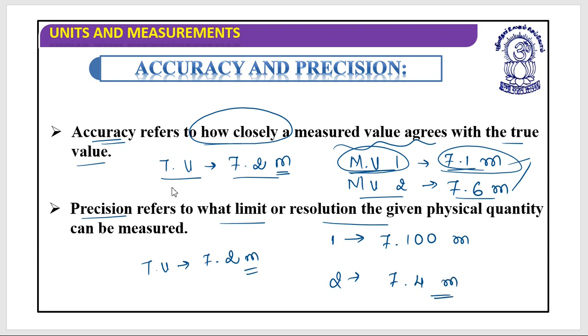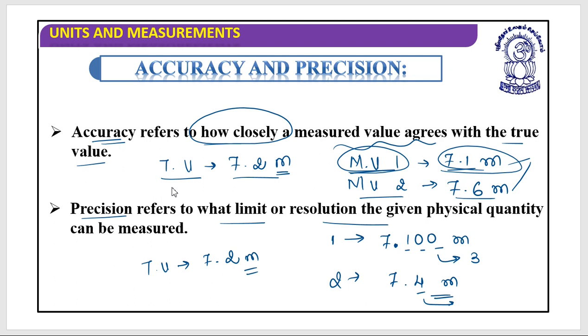While talking about precision, I need to observe the number of digits after the decimal point. Here it has 3 digits after the decimal point. Here it has only a single digit after the decimal point.